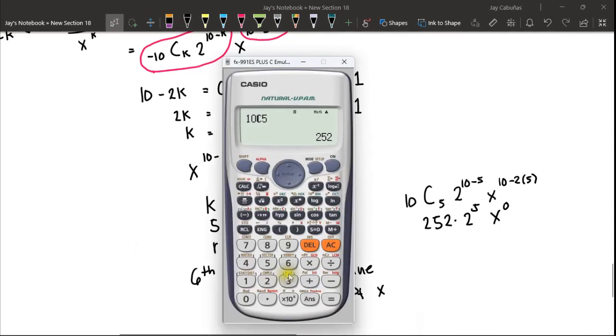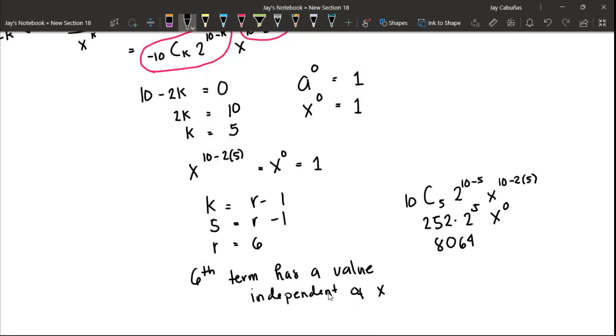So we have 252 times 2 raised to the 5th power. This would give us 8,064. So this is the constant term. Now take note, x raised to 0 here is equal to 1. Okay, so 8,064 times 1, so that is 8,064. And this is our 6th term.